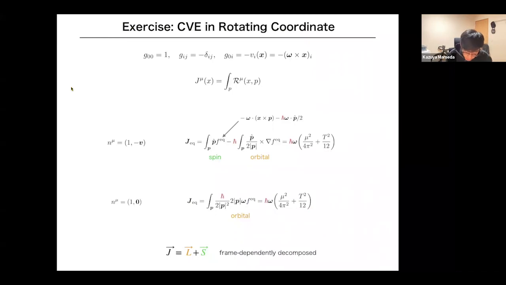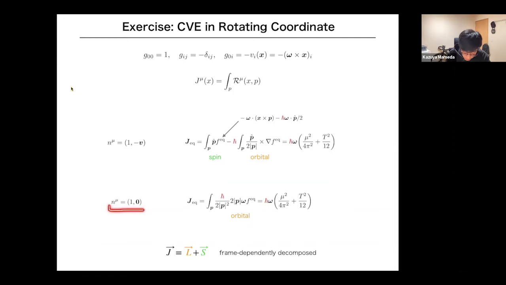And the difference of these is as follows. For the first one, to get the chiral vortical current, we have two different contributions. The first one is the spin part, and the second one is the orbital one.